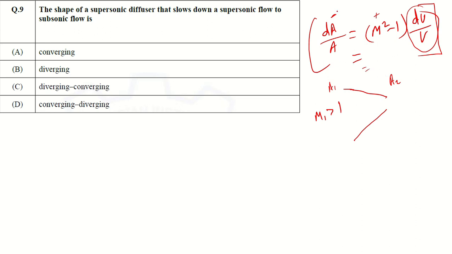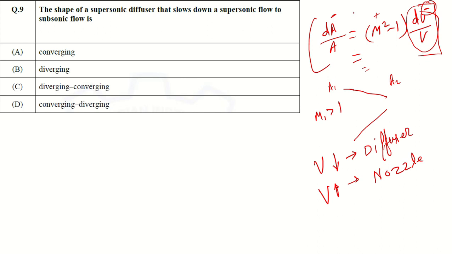So I already know this is negative, this is positive, so here should be negative. If velocity is negative, that is velocity is decreasing, we can say diffuser. Velocity increasing, we can say it is nozzle. So finally velocity is negative, that is, it is a diffuser.